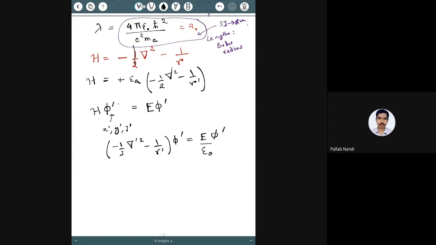And now this is my energy in atomic units, and this is what is called a Hartree. This is just the name of the unit that you use. The atomic unit of energy is Hartree.